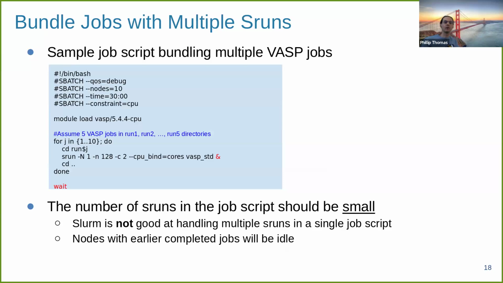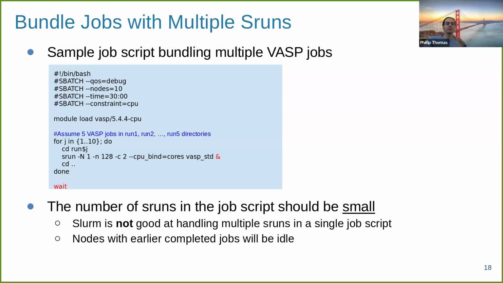From here, we transition to some topics that involved a little more advanced scripting. For this particular example, due to the policy that only allows 2 jobs to age in the queue, you may want to run multiple VASP calculations in a single job.